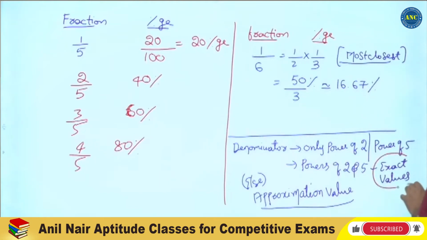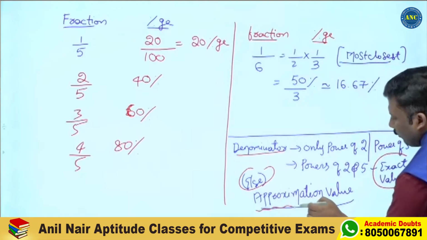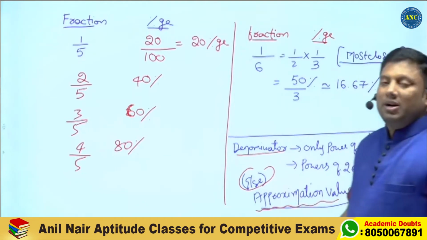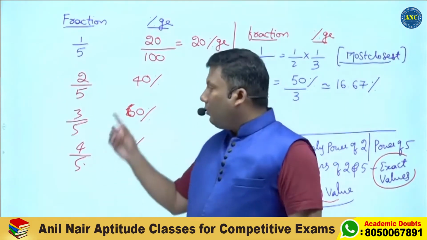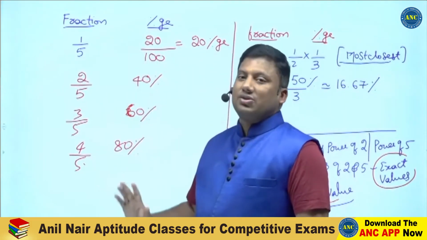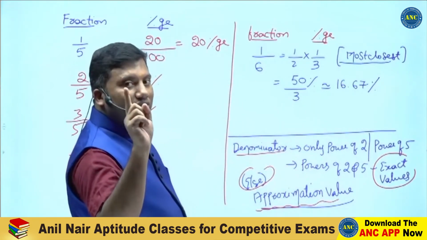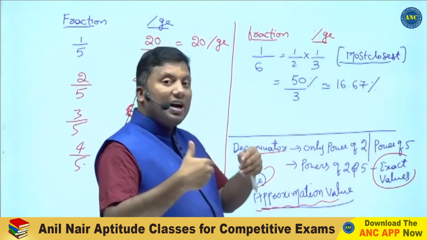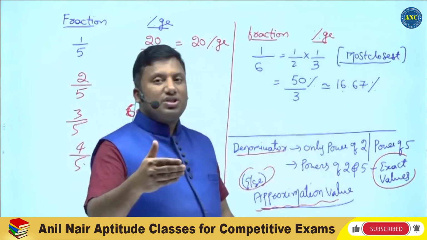Else I will get the approximated values. Denominator 5 is 5 power 1, so these are all exact values. 6 is derived from 2 and 3. The denominator contains a multiple of 3, so this is a most closest answer.